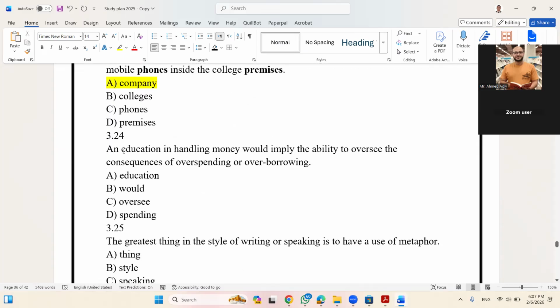Next. An education in handling money would imply the ability to oversee the consequences of overspending or overborrowing. Good. What is it about? It's about handling money.